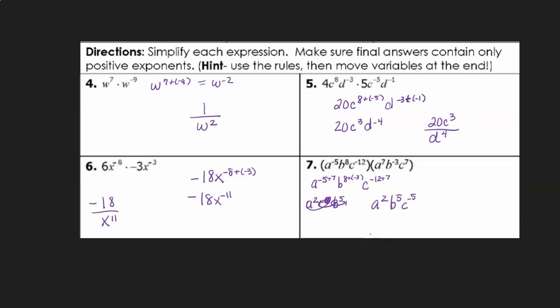So anything with a negative exponent goes to the bottom and you make it positive.